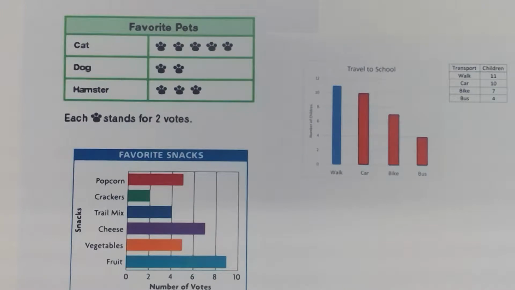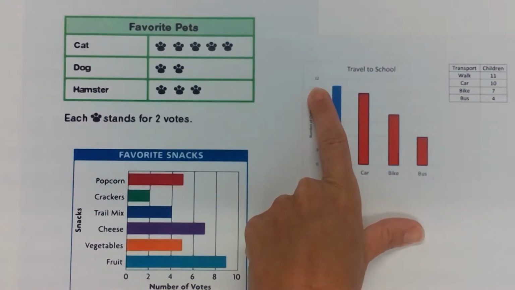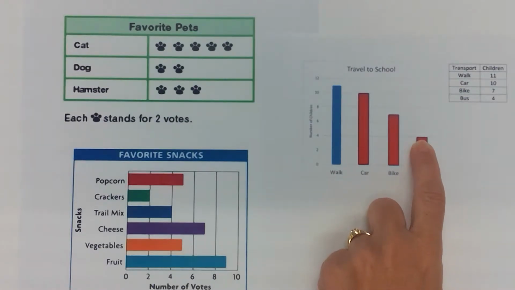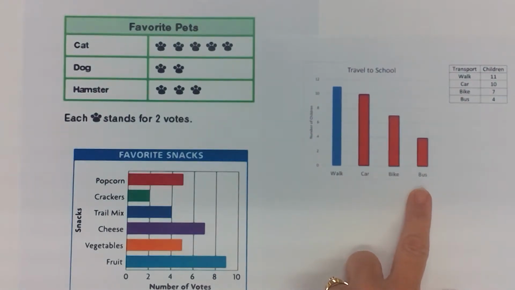Students in second grade, because they don't have individual boxes that they're coloring in, need to know that this entire bar represents 11. This entire bar here, we'll do this last one, represents 4. It's 4 data points. There are 4 students that travel to school using the bus.